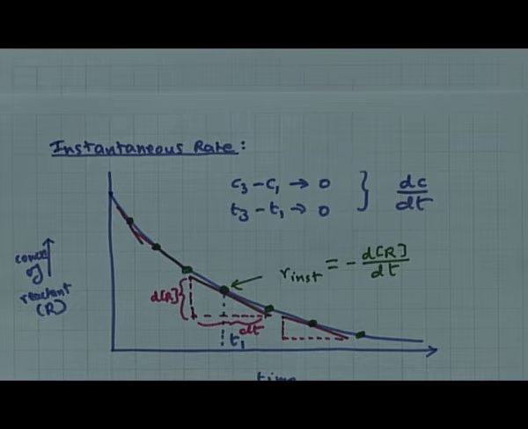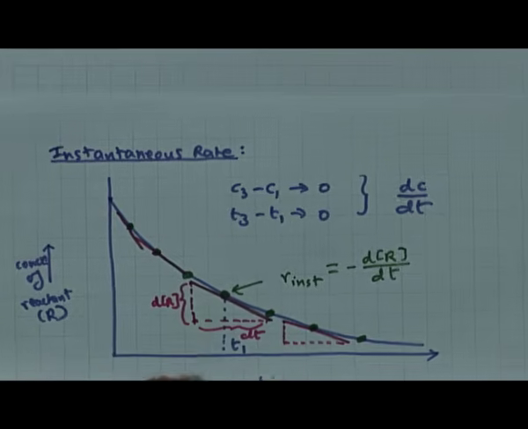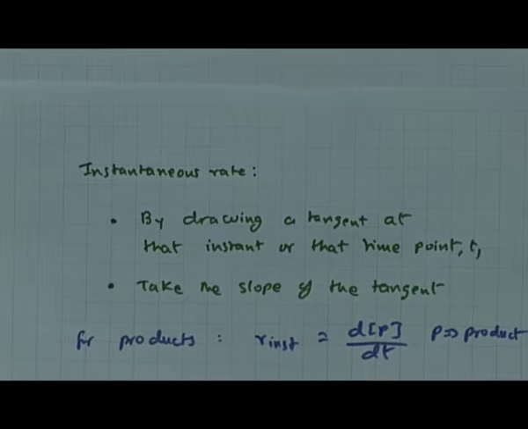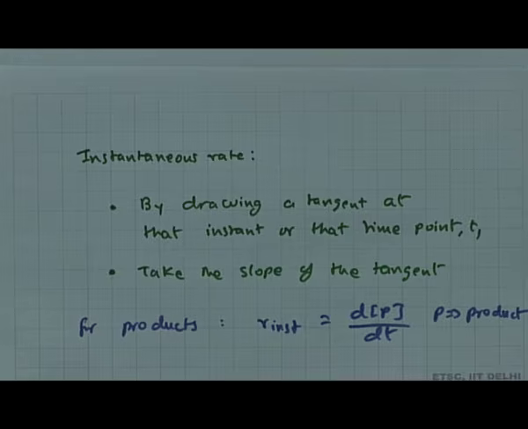The instantaneous rate is a very important feature and is the one mostly used. It is obtained by drawing a tangent at that time point, T1, and taking the slope of the tangent.